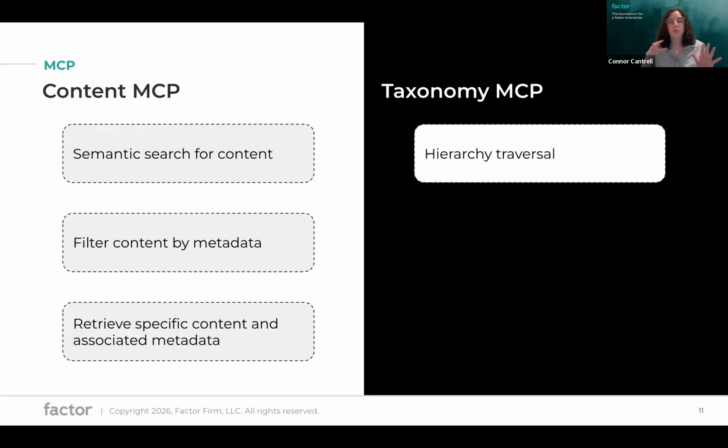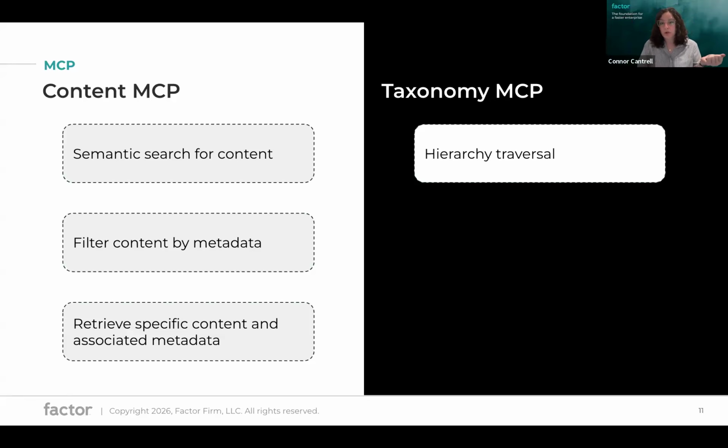So I'm not going to go super deep into the specifics of our MCP design, but the canonical idea behind the notion is that individual data owners create and manage their own MCPs. Although historically our taxonomy has been used primarily to support content tagging, content and taxonomy are managed as separate data sources in the business.